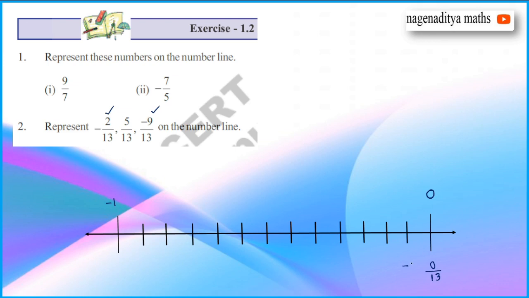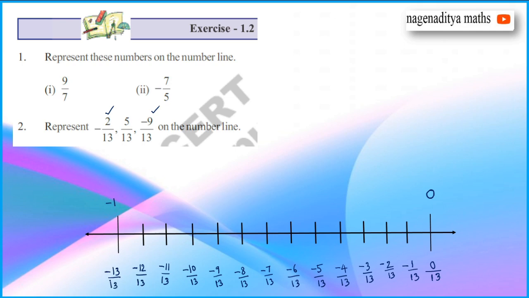The next one is -1/13, -2/13, -3/13, -4/13, -5/13, -6/13, -7/13, -8/13, -9/13, -10/13, -11/13, -12/13, and -13/13. -13/13 is nothing but -1.